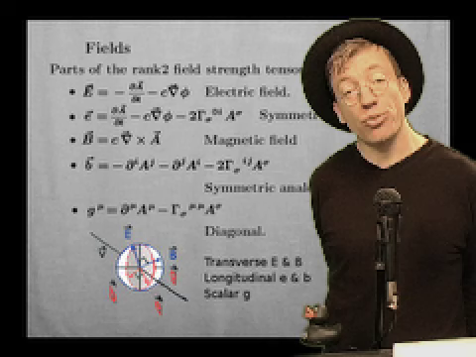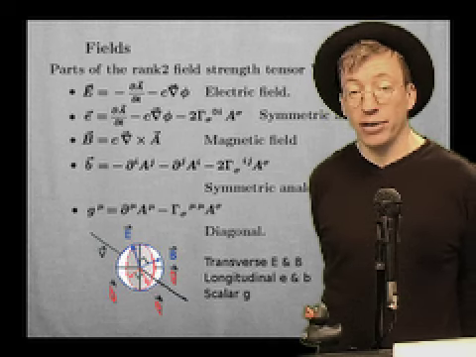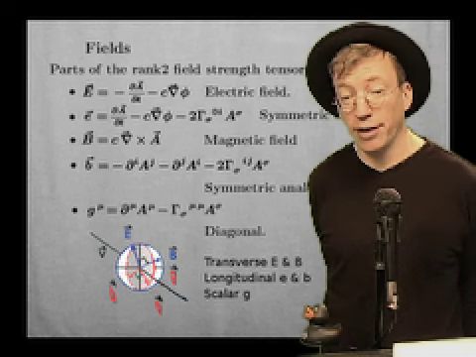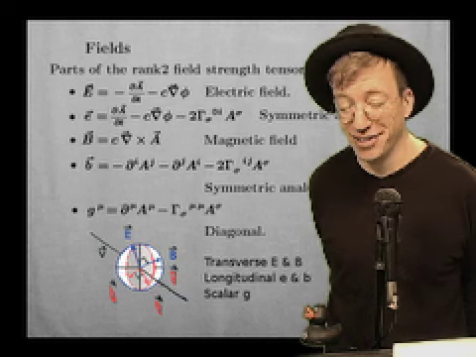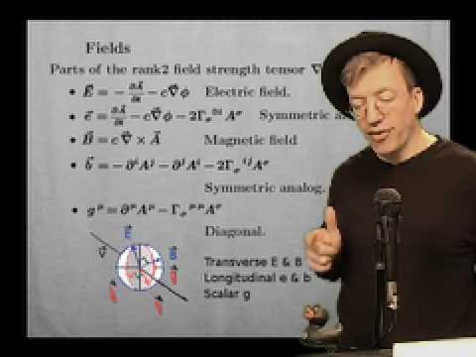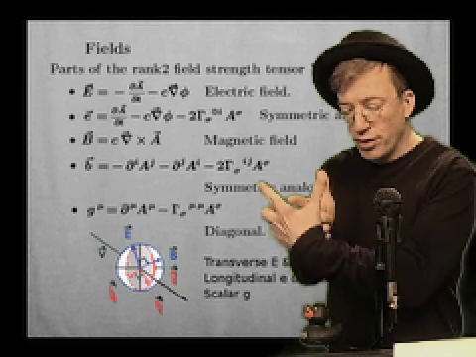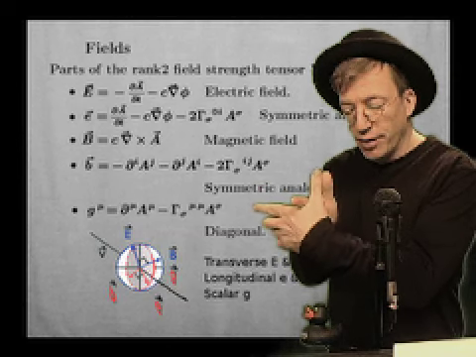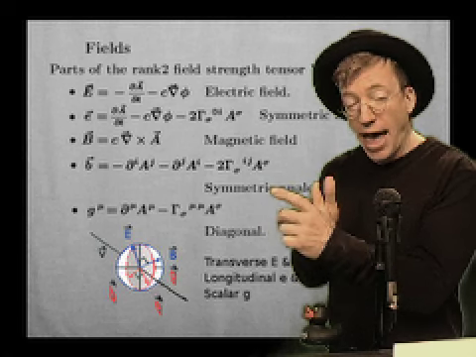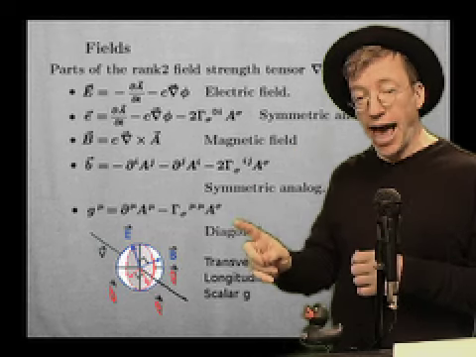I am introducing 3 new fields. 2 of them are analogs to big E and big B. So I call them small e and small b, so I don't get too confused. Because the idea is that if our wave is moving along this way, we have some transverse modes that do the E and B thing, and we have a longitudinal mode that does the small e, small b thing, and there's a scalar mode that does the stuff along the diagonal.